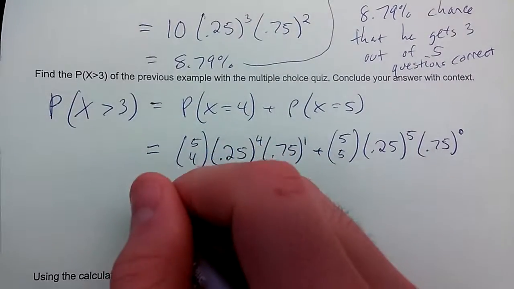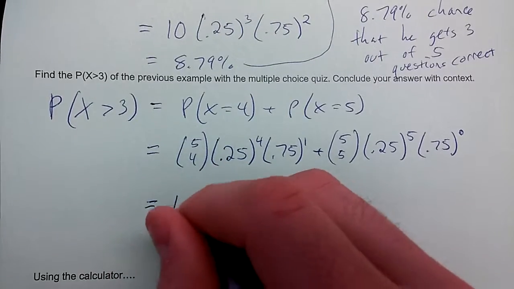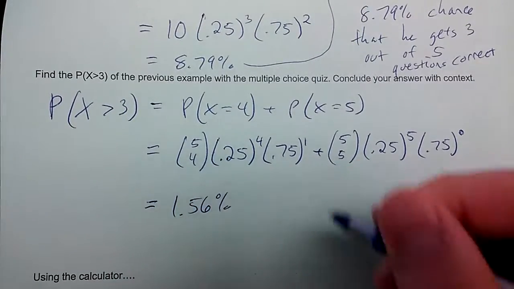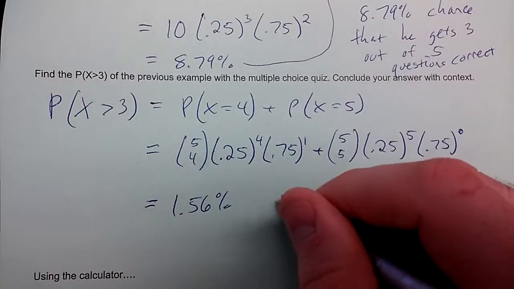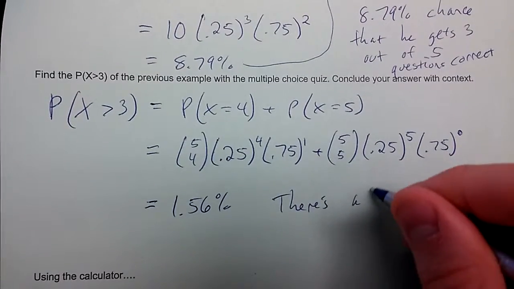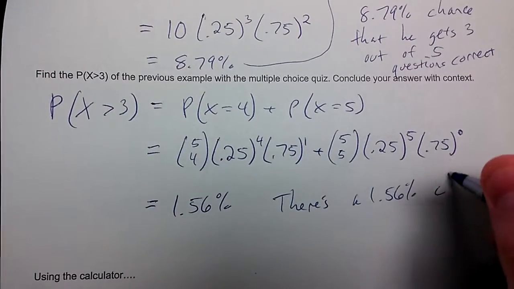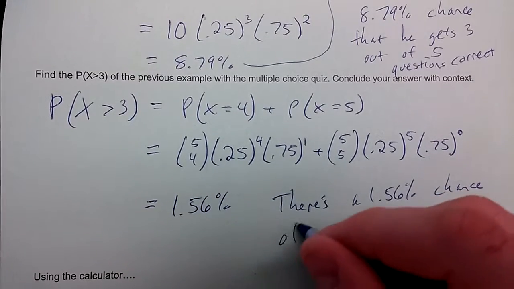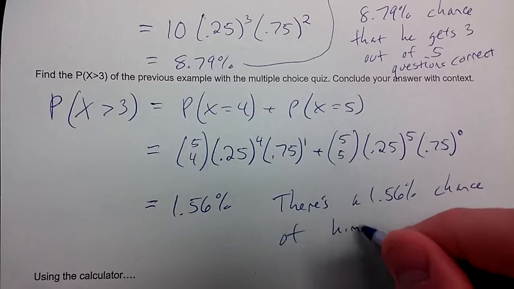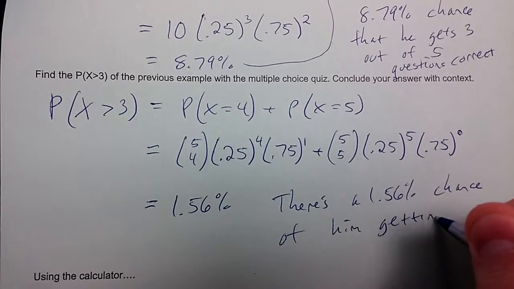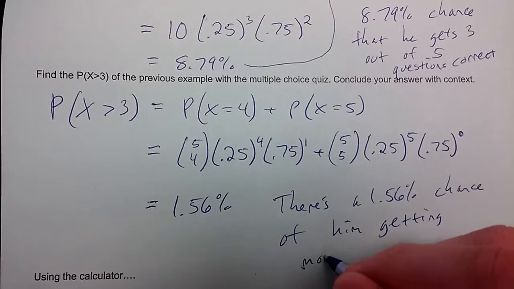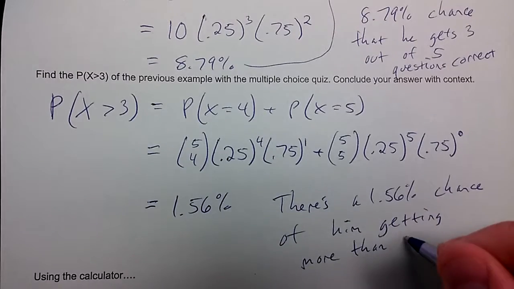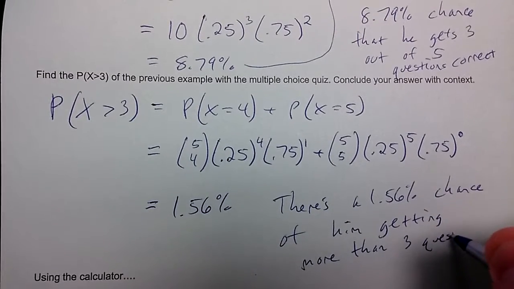When you actually multiply that out and then add the two terms, you get 1.56% chance. So you could say there's a 1.56% chance of him getting, and this is strictly more than 3 questions correct.